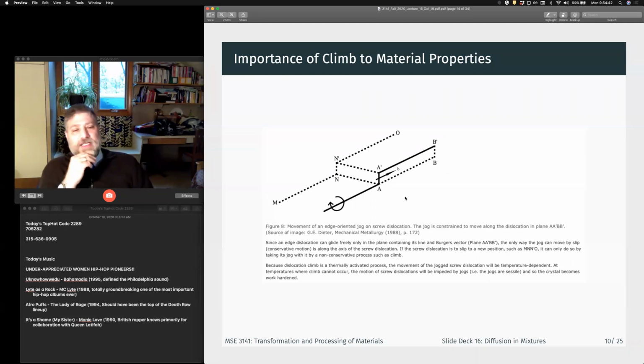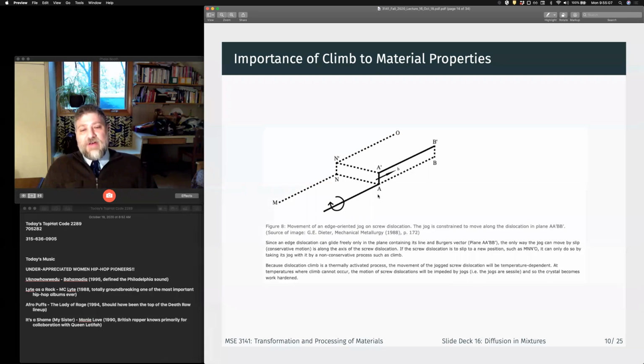So this is just a tiny little sneak peek of what you'll get in the mechanical behavior class. But it's just important to realize that edge dislocation climb is actually an important topic that covers a bunch of other things. Climb and glide are distinct processes, right?